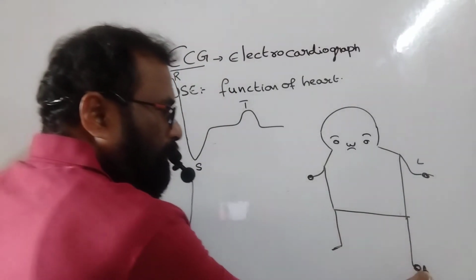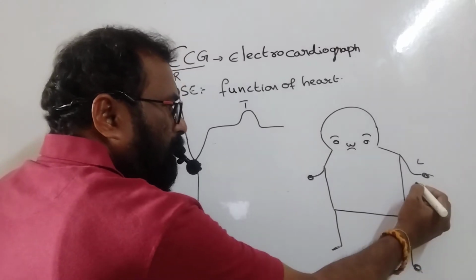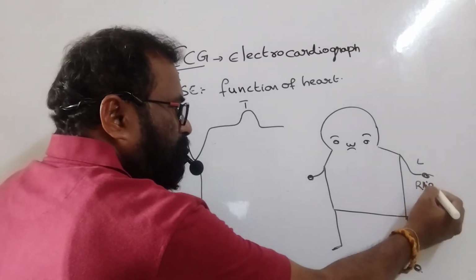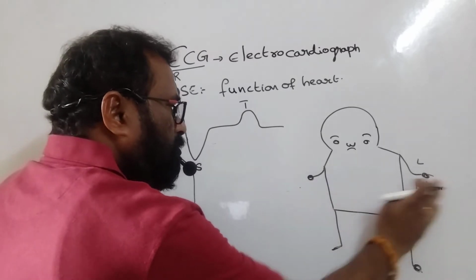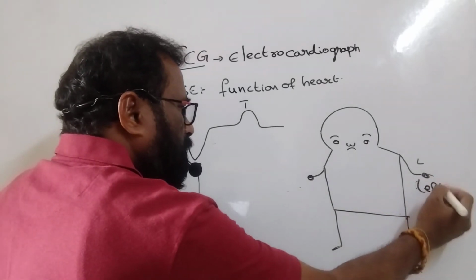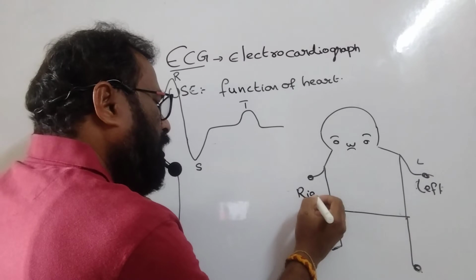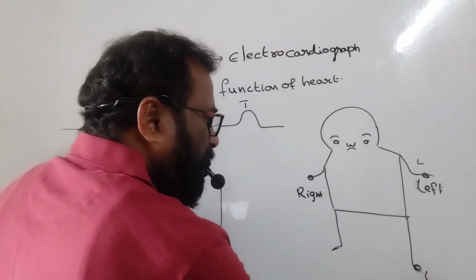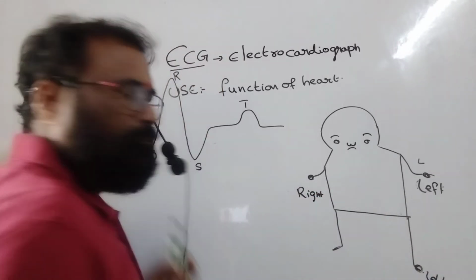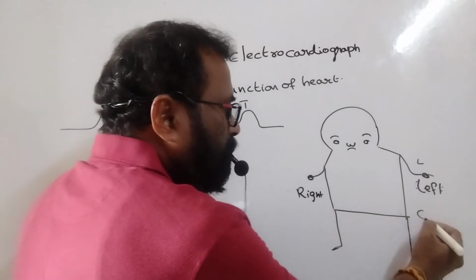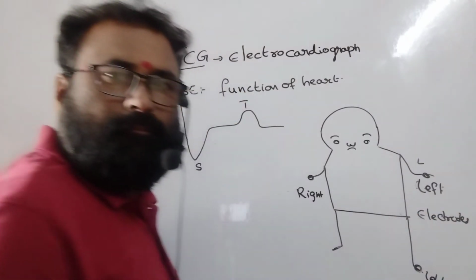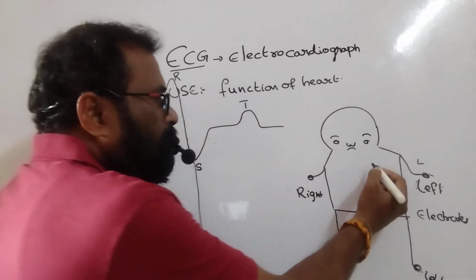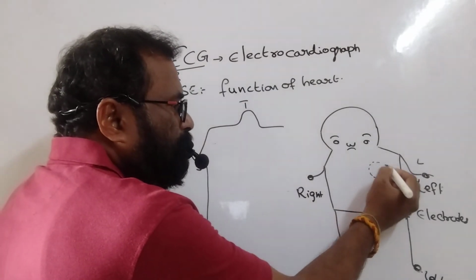Electrodes are fitted to the right wrist, left wrist, and left ankle. Here leads are used.